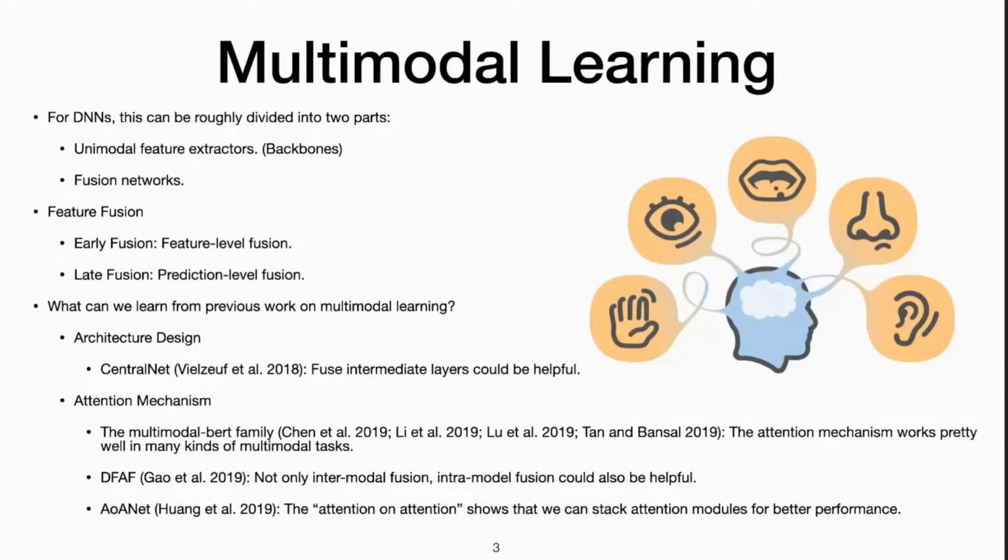And also there's DFAF. It shows that not only intermodal fusion, intramodal fusion could also be helpful. And we also have the AoANet. It proposed the attention on attention mechanism. And this shows that a stack of attention modules may lead to better performance.